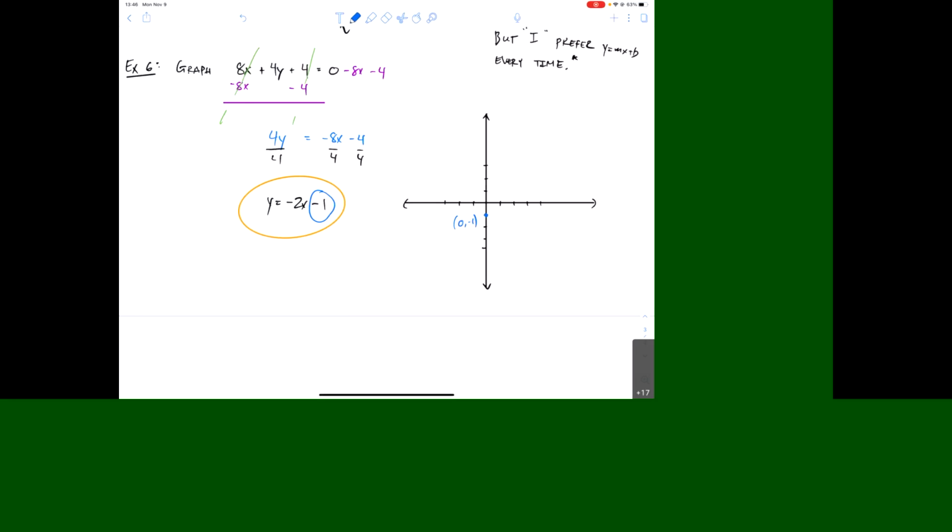And for those that were curious, you don't have to label the points like I do here, 0, negative 1. That's just for, again, your assistance. And then you know that the slope is not just negative 2, but negative 2 over 1 to help you graph. So we're going to go up 2, and we're going to run to the left just 1 unit.